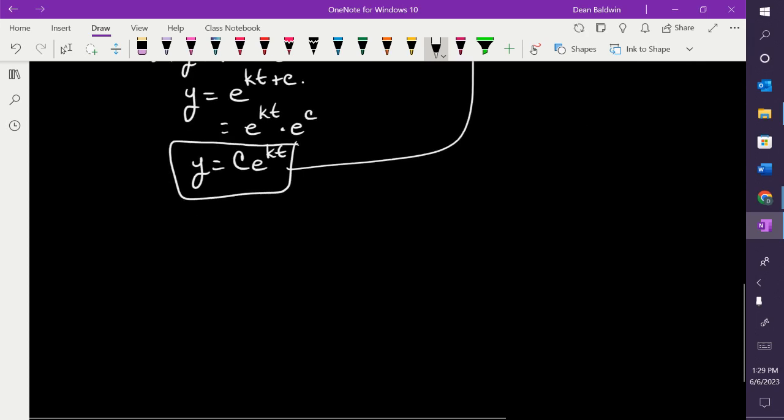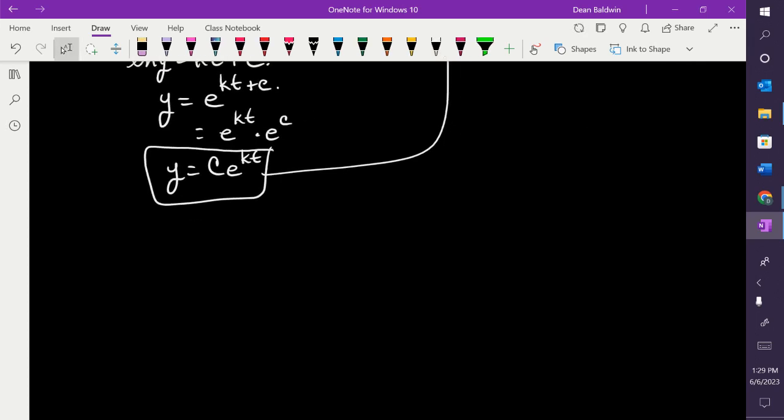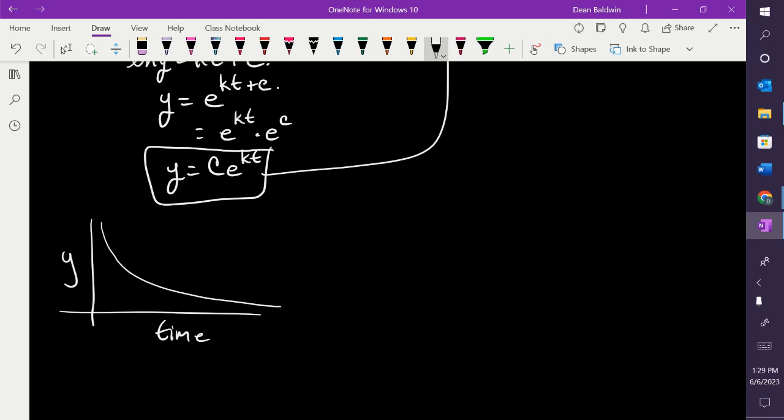So we'll do a radioactive decay, because if you look at a radioactive decay curve, it looks like this. This is time, and this is y, for lack of a better term. The rate of change is the slope, and the slope is going to be proportional to how much you have left.